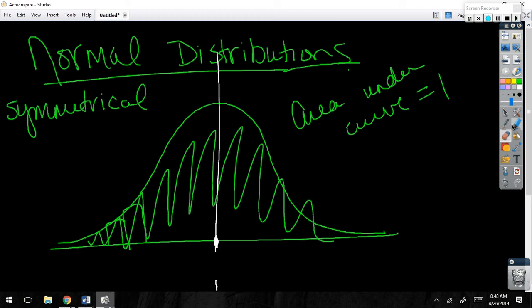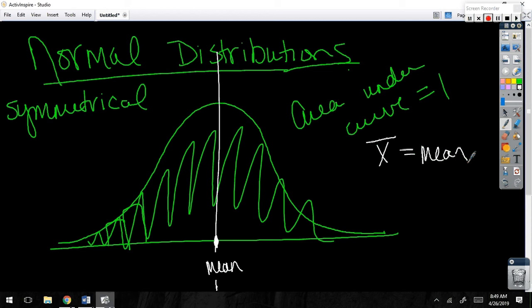One of them is the mean, okay? This middle line is always the mean in a standard normal distribution, okay? We use X bar to represent mean, okay? Mean is just the what? Starts with A.